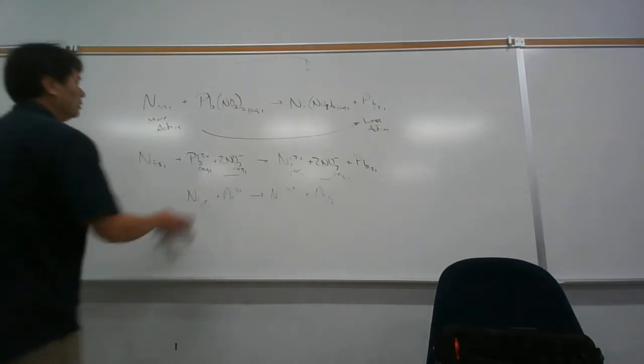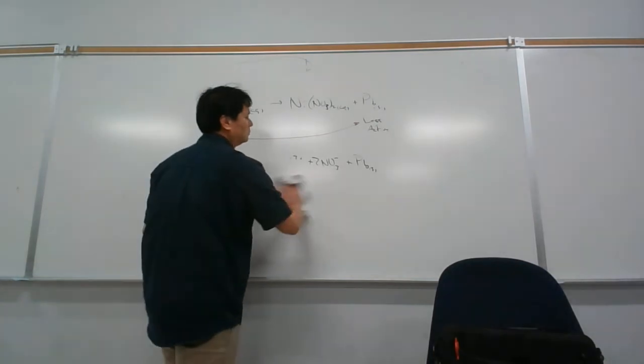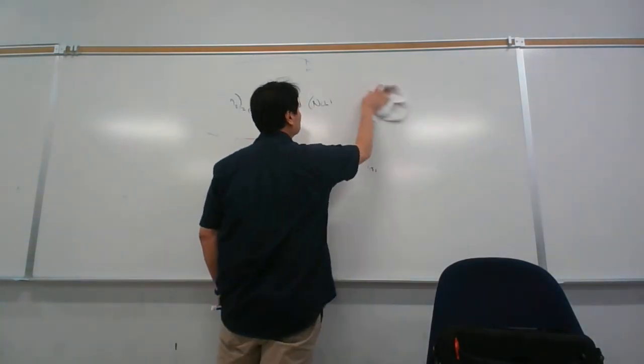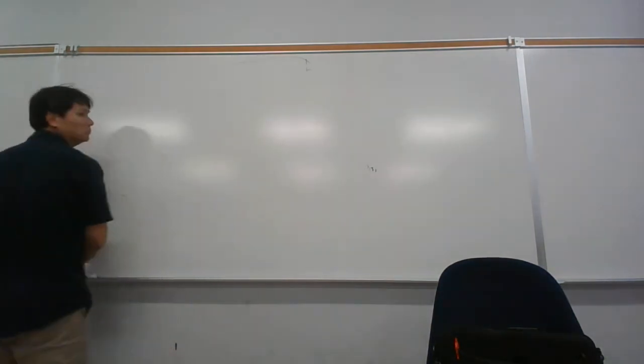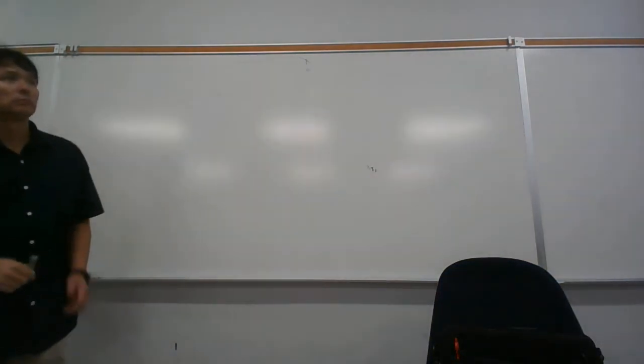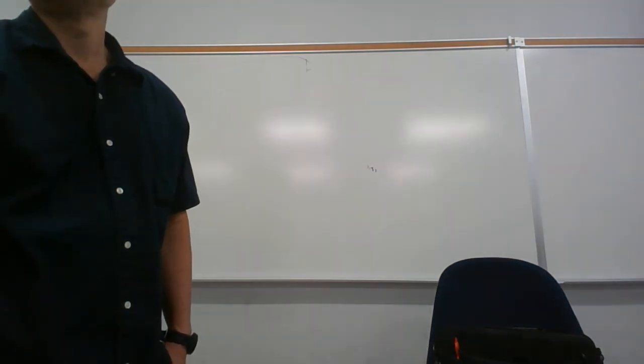So it makes sense if it became carbonic acid, because this is a strong acid, so it goes to a weaker one, right? That would be for double replacement.